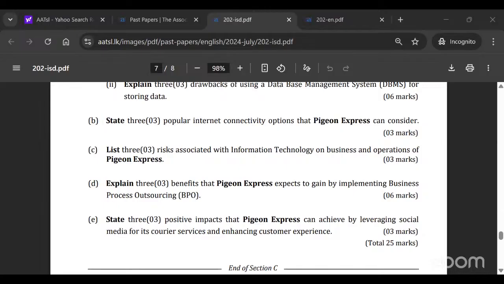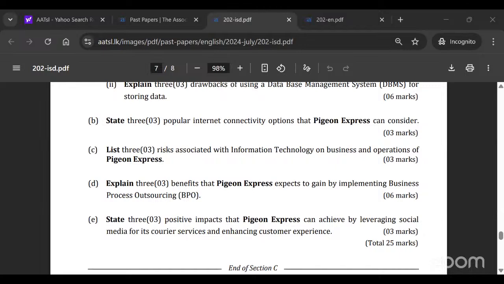And customer engagement. They can improve their customer engagement. Normally they offer different engagement activities, just like raffles. Social media enables Pigeon Express to engage directly with customers through comments, direct messages, and posts.